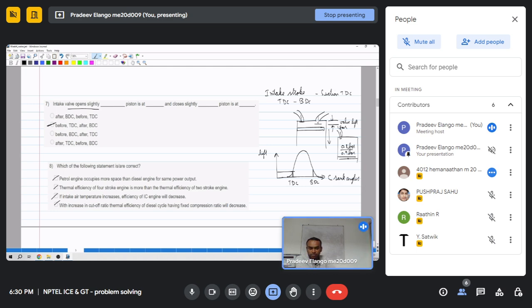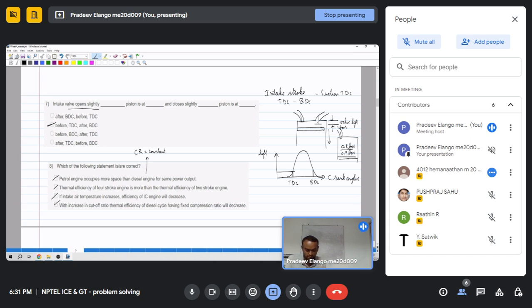Okay, let's start from the first option. Do you have any comments on why petrol engine occupies more space than diesel engine for the same power output? So this you can take as compression ratio is constant for both the petrol engine and diesel engine.